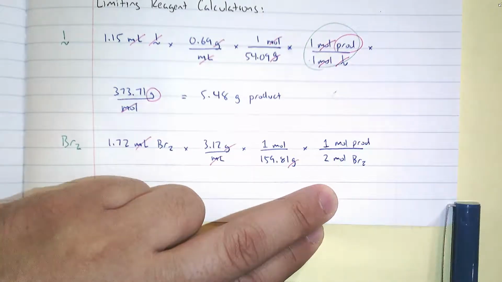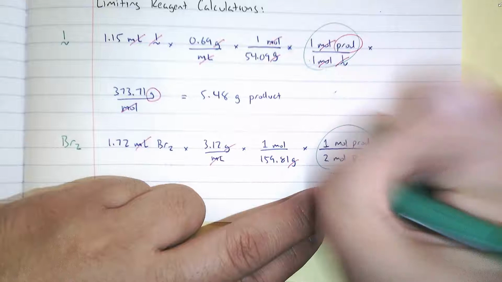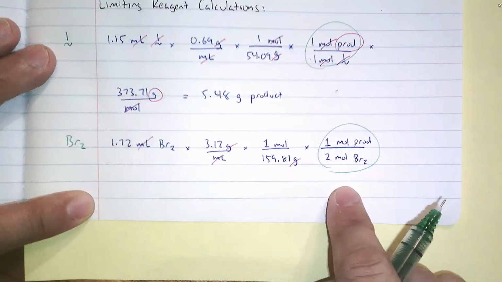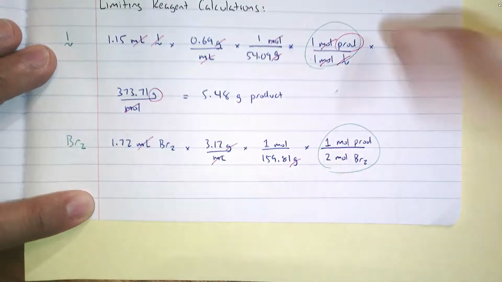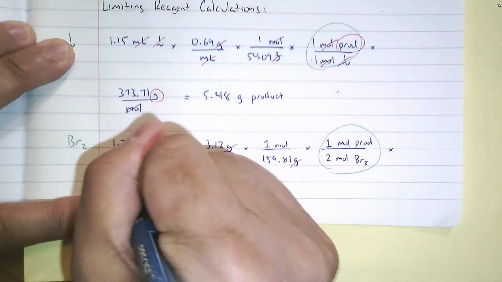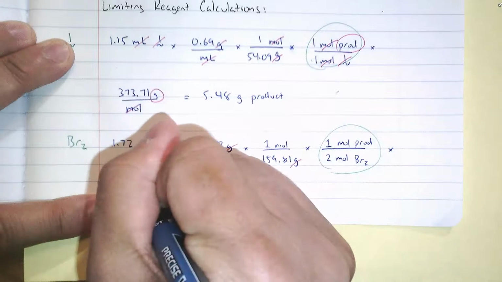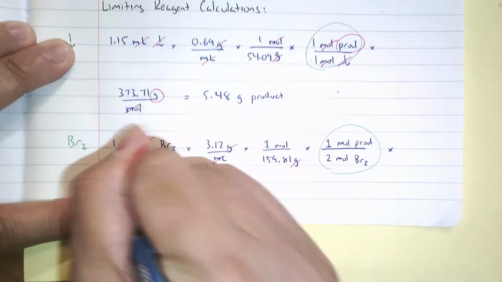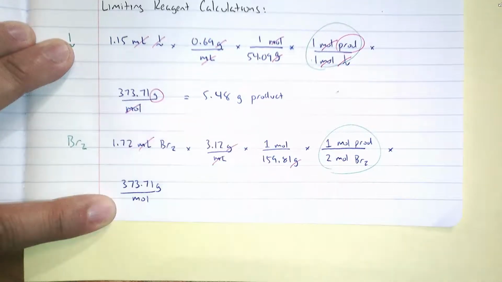See, that's the key conversion. That's the mole ratio. And again, I'm going to have to go to another line. And the product molar mass is 373.71 grams per mole equals.